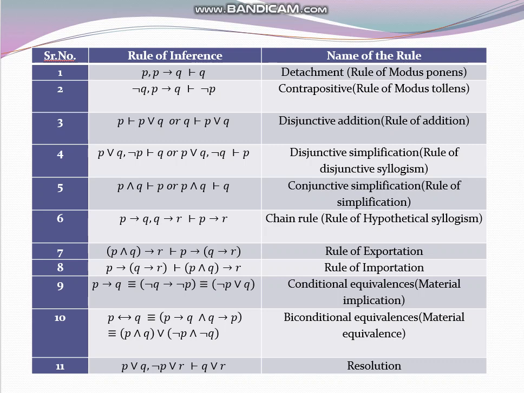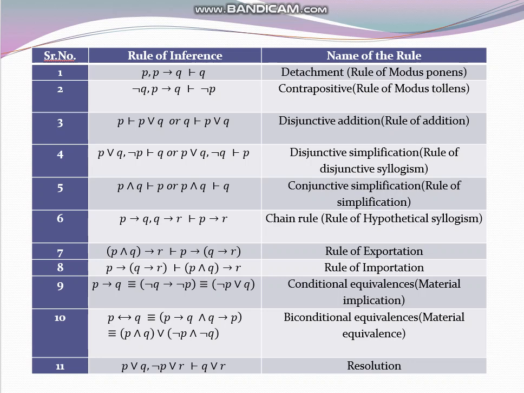Then we have conjunctive simplification or rule of simplification. P and Q will yield P, or P and Q will yield Q. Then we have the chain rule as P implying Q and Q implying R, which will yield P implying R. That means if P then Q and if Q then R, then we have if P then R. This is called chain rule or rule of hypothetical syllogism.